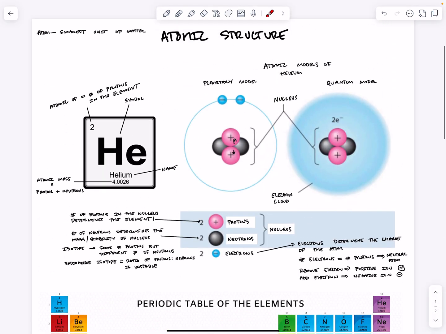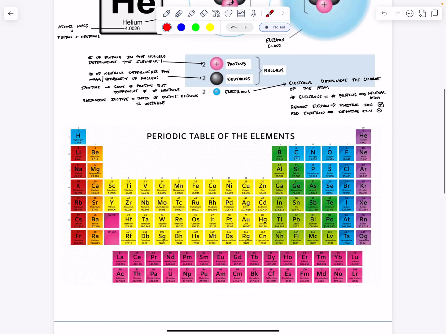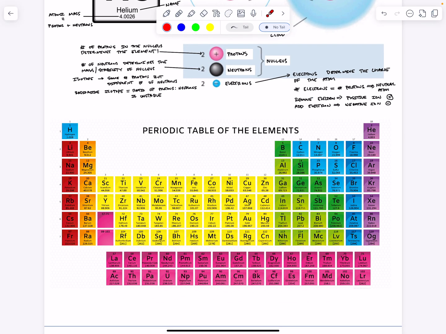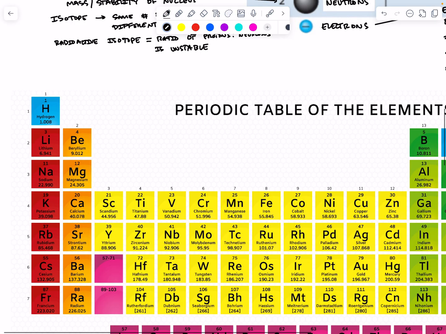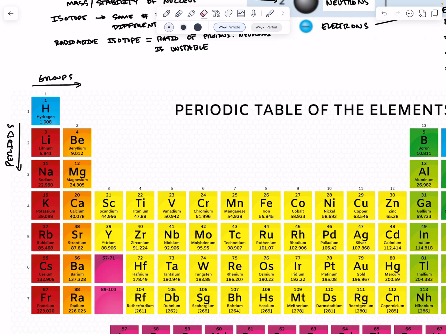Okay, so this is basic atomic structure. Here is the overall periodic table. These are all the different elements. They're organized into group and period.